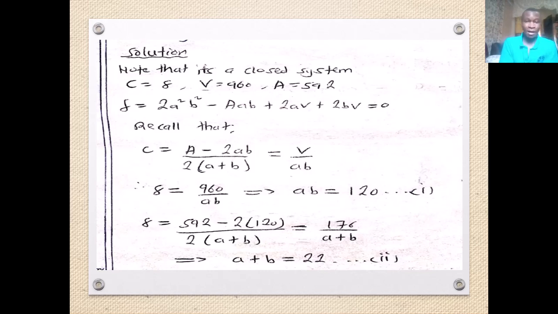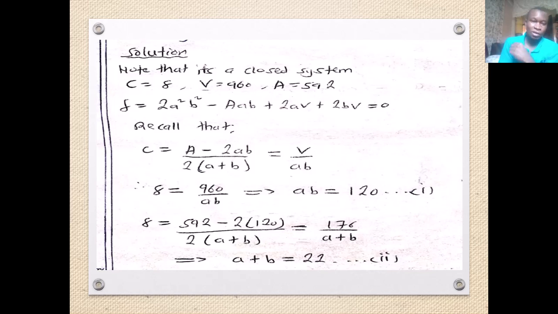Recall that from the expression of the surface area, we have C as A is equal to 2ab over 2 into A plus B, which is equal to another expression of C, which is V over AB. We are given height C as 8, and the volume and the surface area, and we want to compute the dimensions, which are the length and the width.